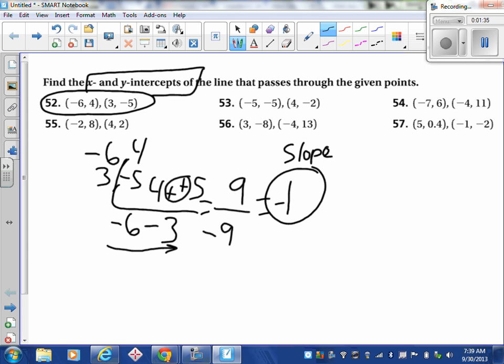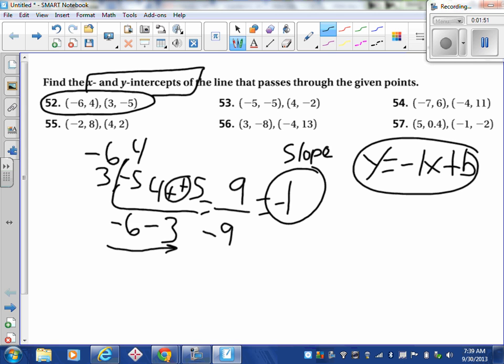So I can write it as y equals -1x plus b. So if I'm looking for the x and y intercepts, I have my slope-intercept equation. Now I just have to find out what the b is.